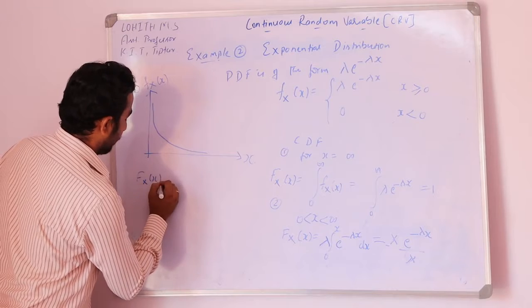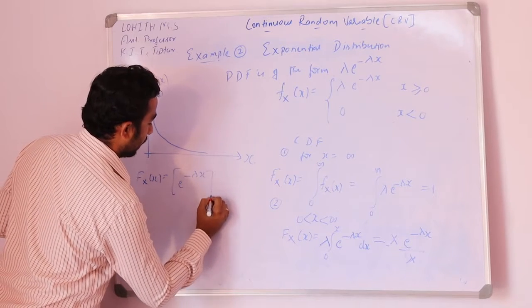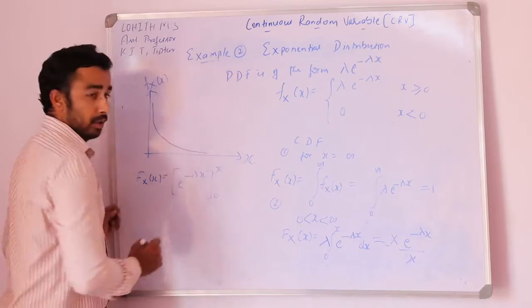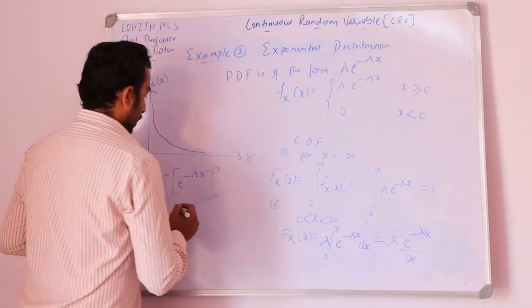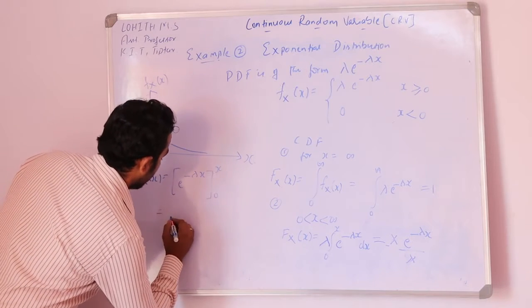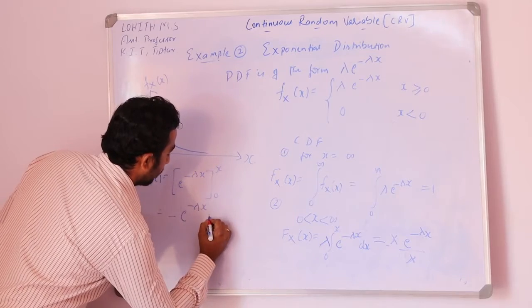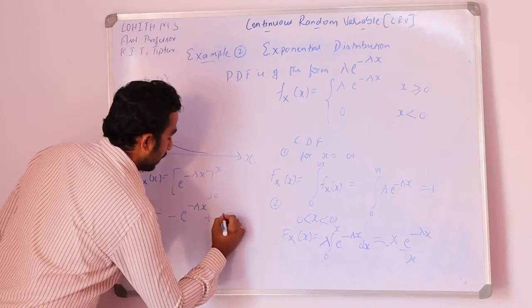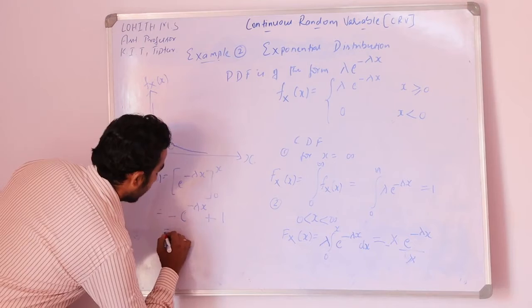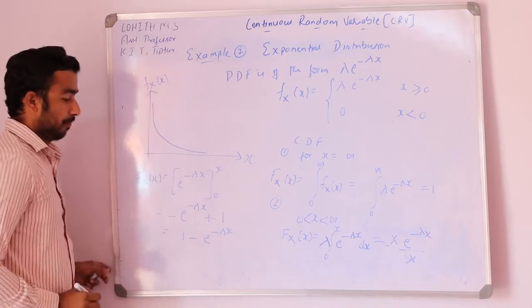F(x) is equal to minus e power minus lambda x from 0 to x. So upper limit minus lower limit, I'll get minus e power minus lambda x plus e power 0, that is 1. So I'll get 1 minus e power minus lambda x.